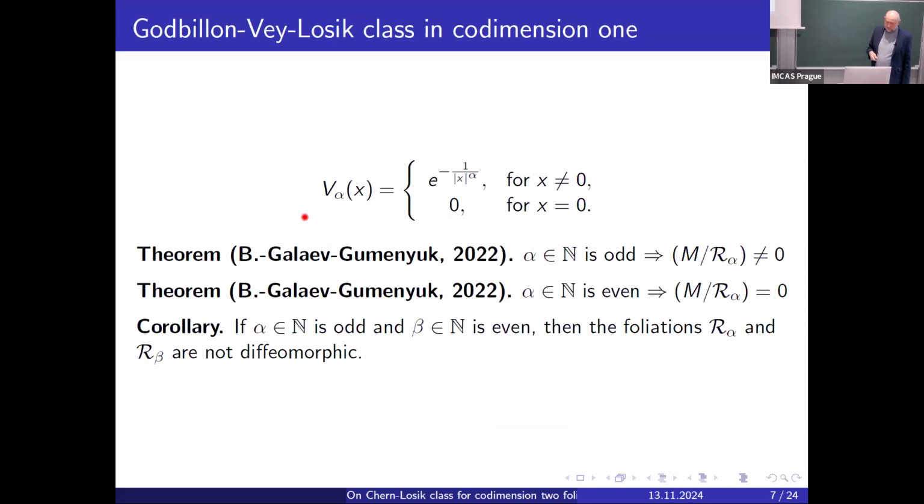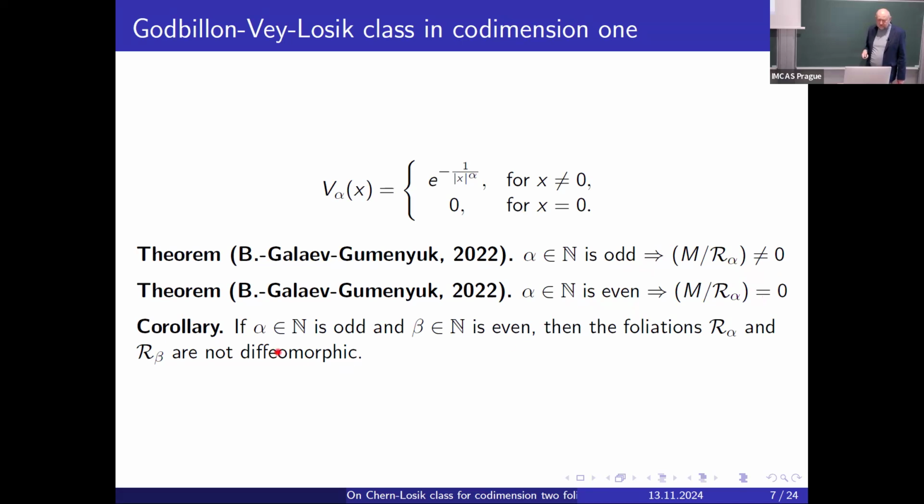Consider the following vector field, which depends on alpha. Alpha is an arbitrary number, and what is known is that if alpha is a natural number and odd, then the Godbillon-Vey class is not zero, and for even alpha, this Godbillon-Vey class is zero.